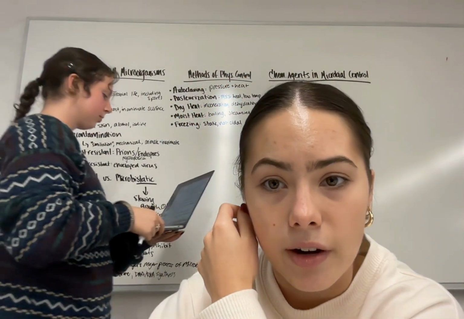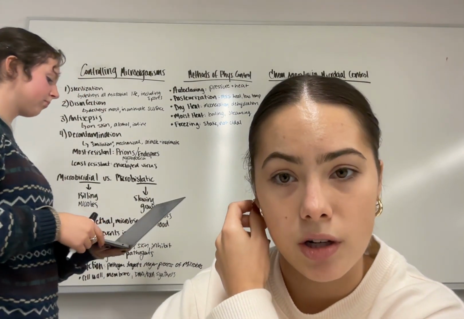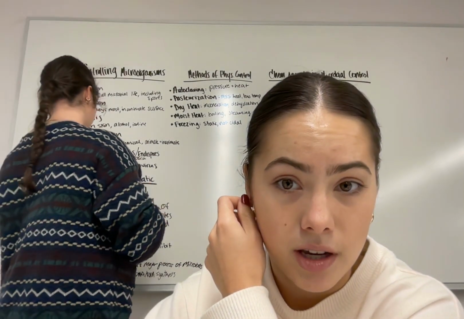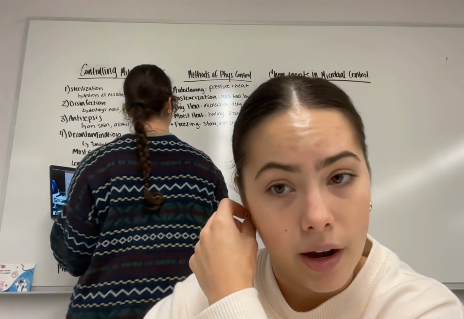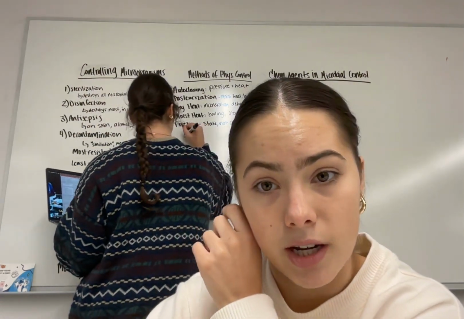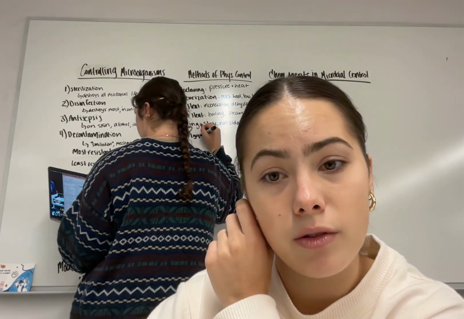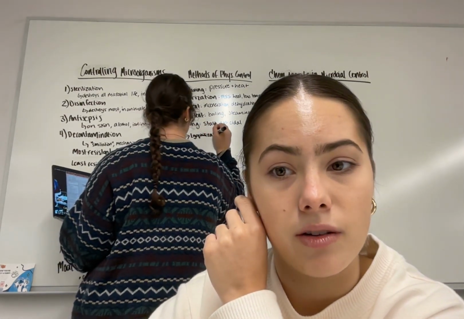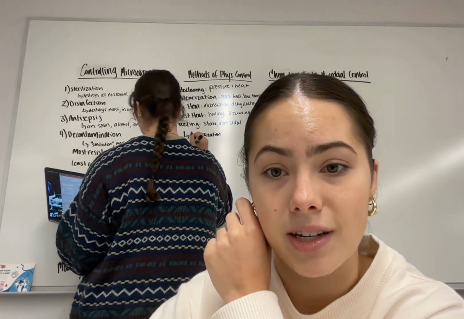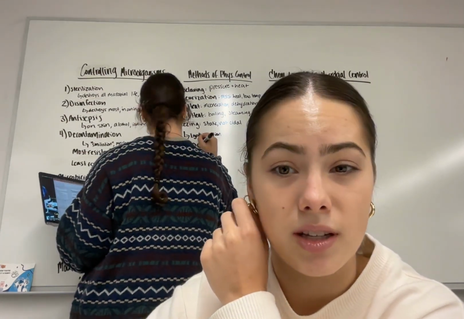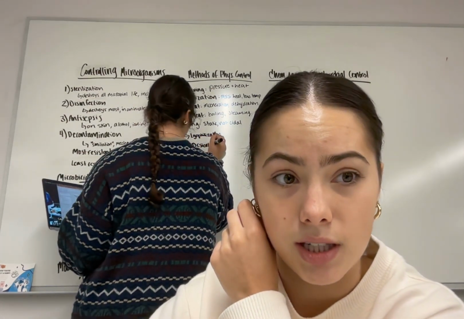So irradiation, exposure of microbes to radiation. Shorter the wave, higher the kill. Ionizing radiation would be gamma rays and X-rays, high frequency. So the method is radiation knocks out electrons from atoms, causing ions to form and destroying proteins and other polymers, including DNA.